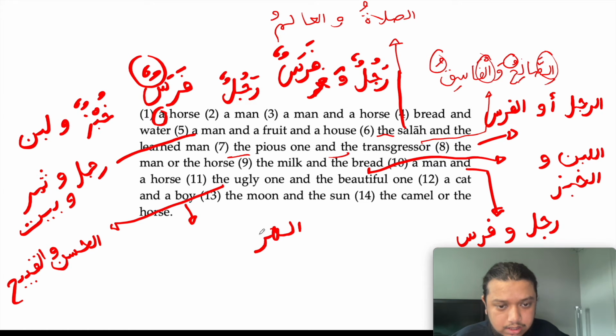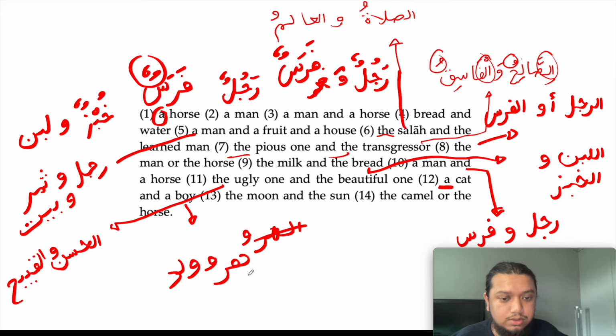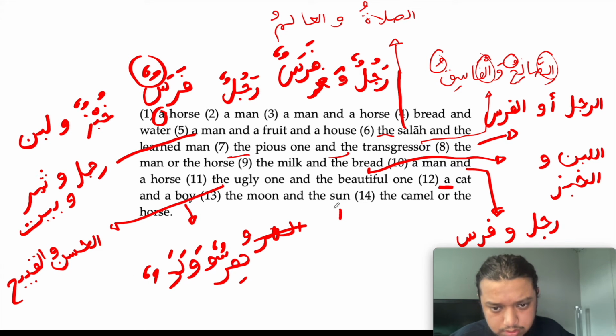A cat and a boy will be al-hirr, oh sorry, that's my mistake here. It's a cat, isn't it? So it's hirrun wa waladun. Hirrun wa waladun. The moon and the sun is al-qamar.